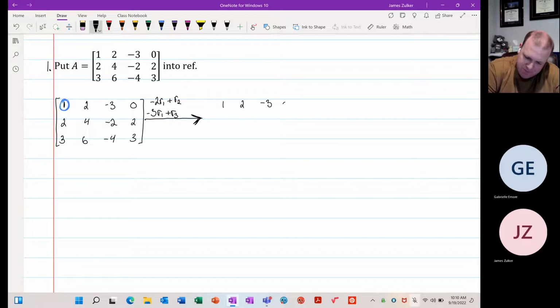The first row stays the same. In the second and third rows, the first entries are both 0. That's the whole point. Now we just have to determine the other entries. It's 0, 4, 2, and then 0, 5, 3.